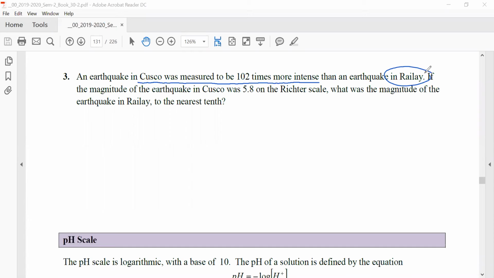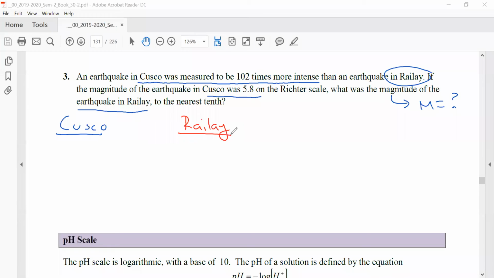The magnitude of the earthquake in Cusco was 5.8. What's the magnitude of the earthquake in Raleigh? So here I'm looking for the magnitude. Again, if I'm stuck, I break this down into two things: Cusco, Raleigh.